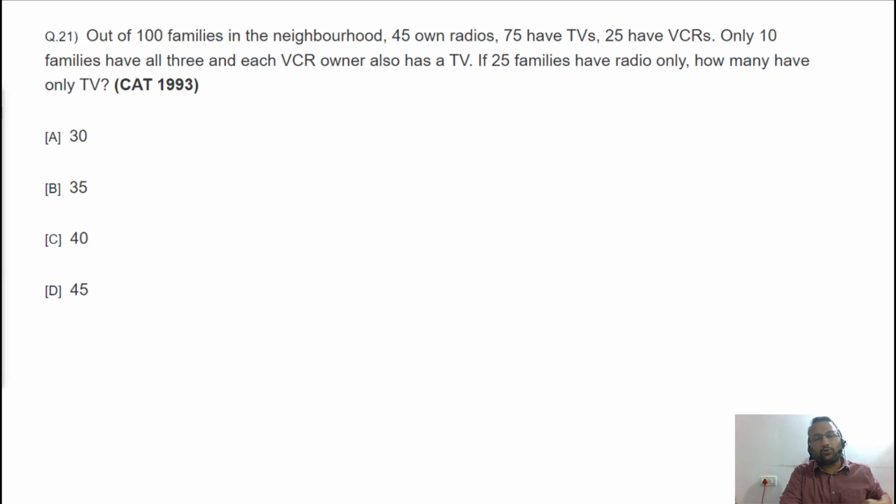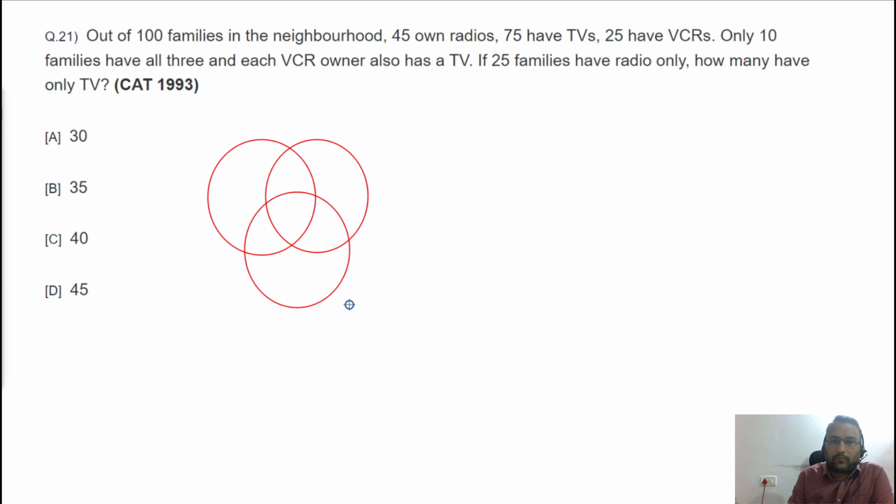After this, the next question is from CAT 1993. Total 100 families. 45 own radios, 75 have TV, 25 have VCR, only 10 families have all three, and each VCR owner also has a TV. So again, let's draw the Venn diagram over here. Total 100 families are there.